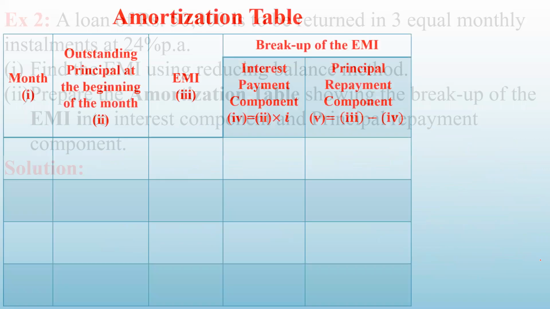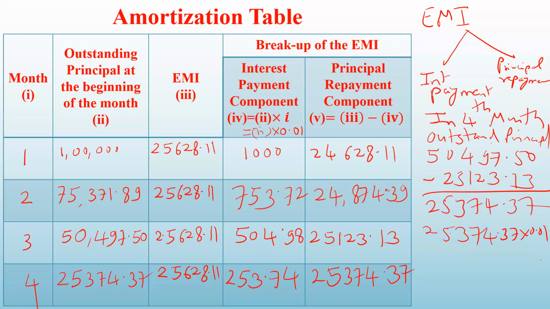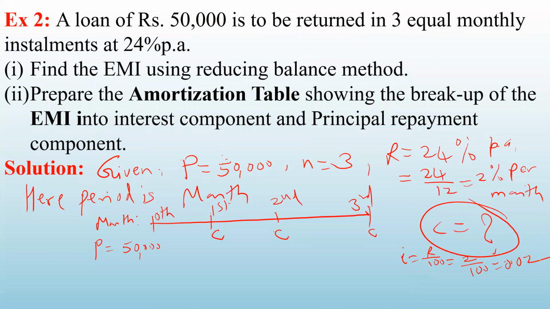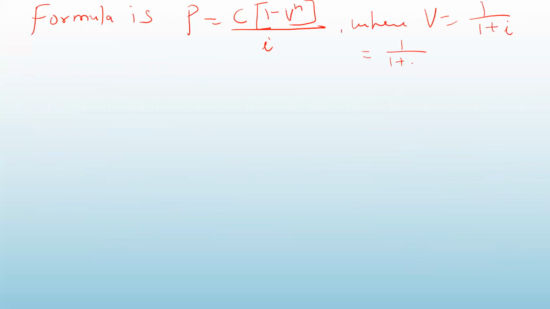Correct? So V is 1 divided by 1 plus 0.02, that is 1 divided by 1.02. Find out the value of 1 divided by 1.02.